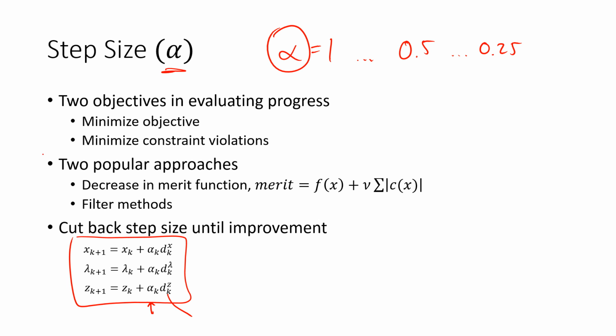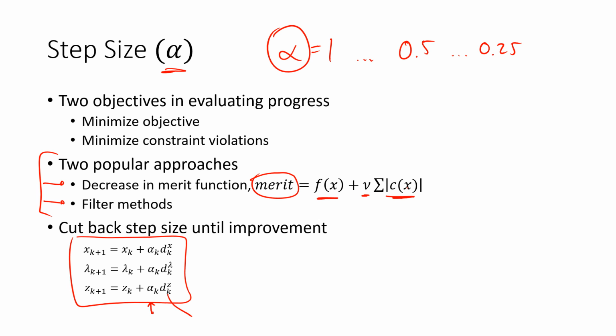Two popular approaches to determine alpha: one is a decrease in a merit function, another is a filter method. Both of those are possible. For a decrease in the merit function, we combine the objective function and some scalar times the absolute value of our constraint violation, and that determines if it's a better step or not.